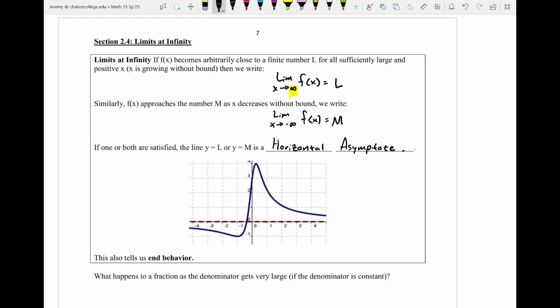So here's a little picture. This should look familiar. You should have seen horizontal asymptotes before. These are just lines to which the function converges in the long run. And one kind of falsehood that gets spread about horizontal asymptotes is that they're a line that the graph never crosses.